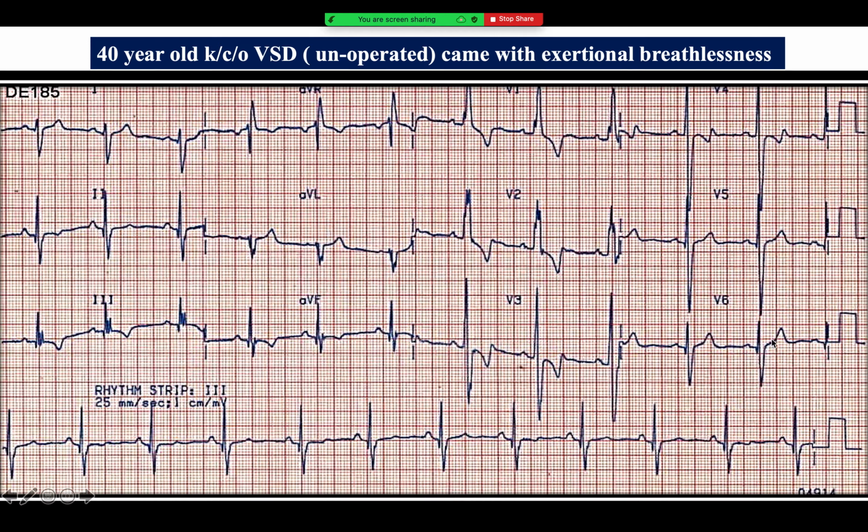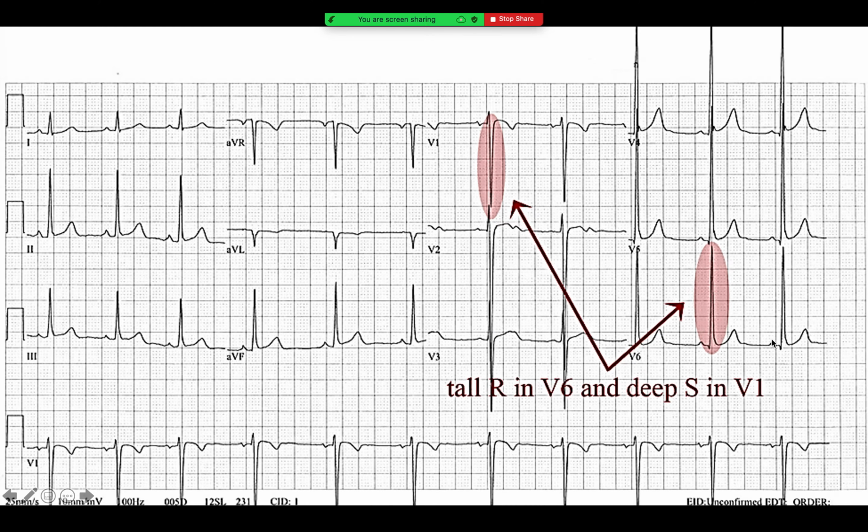Let's make it a little bit simple twist. This is an ECG. We have already given you a big hint. You can look at something in the V1, the V6: deep S wave in V1, a tall R wave in V6.